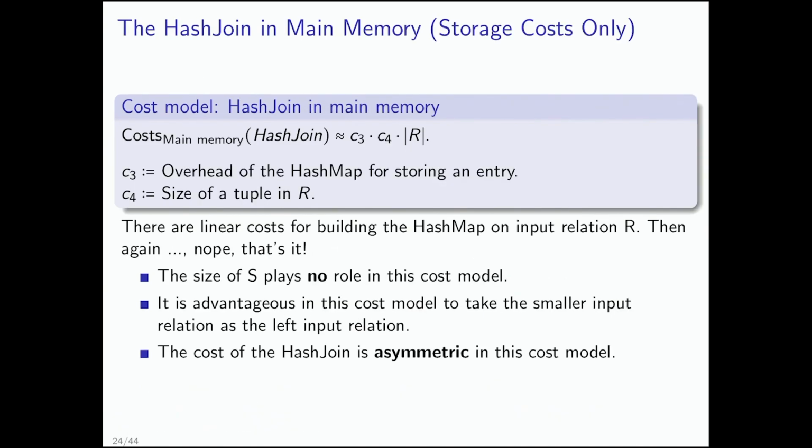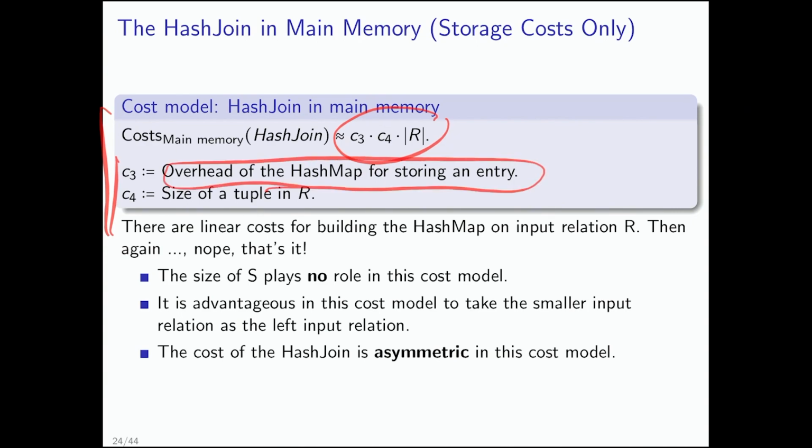Okay. And then there's another aspect with this hash join algorithm, and that is, assume you have a cost model like main memory. You don't have arbitrary amounts of main memory available, so you want to make that part of your cost model. So your main memory model could be something like this, saying, okay, I have two constants. C3 is the overhead of the hash map for storing an entry.